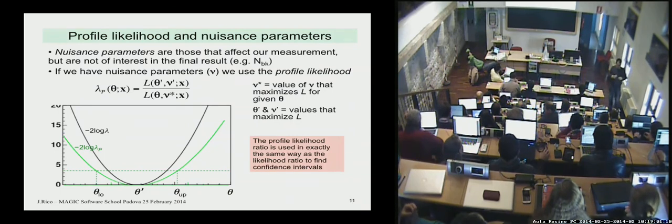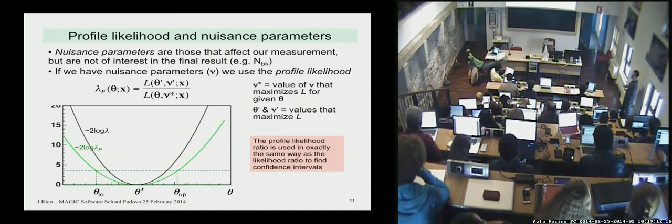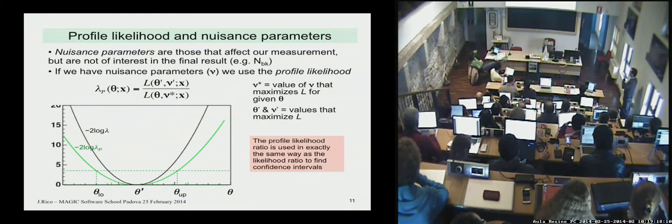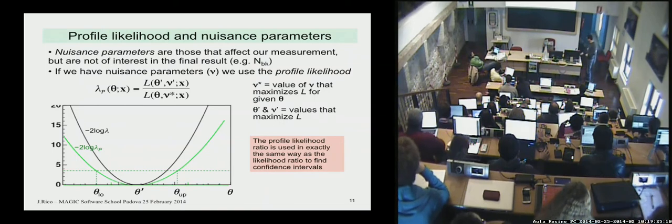Well, it's not completely exactly true, but in principle this profile likelihood has the same property of behaving as a chi-square distribution as the normal likelihood ratio, and we assume it does because for many practical cases it's a good approximation.